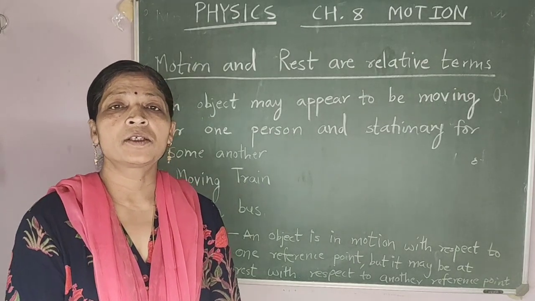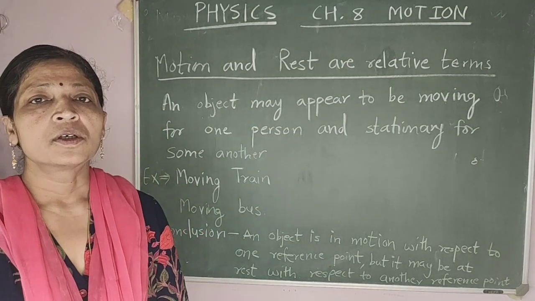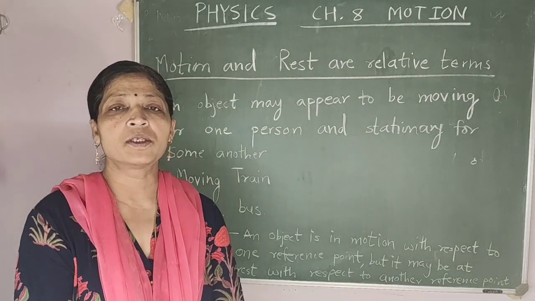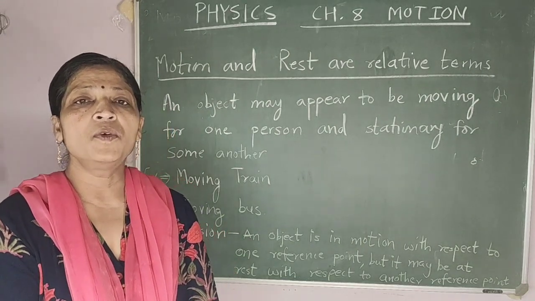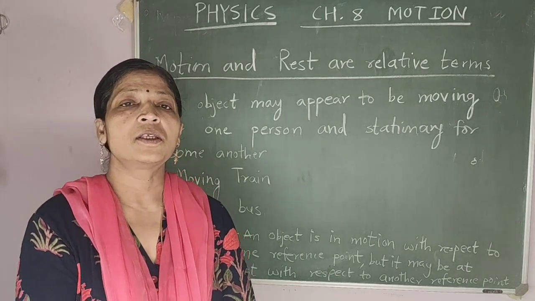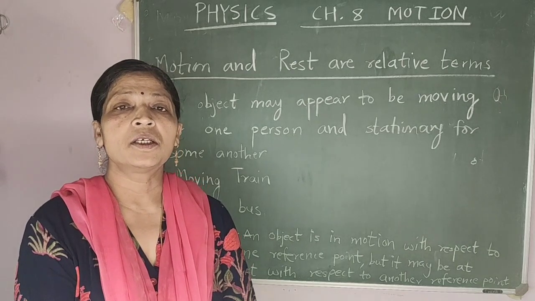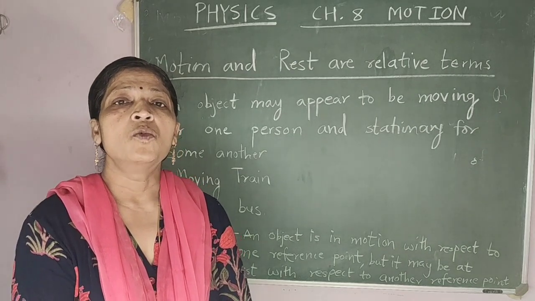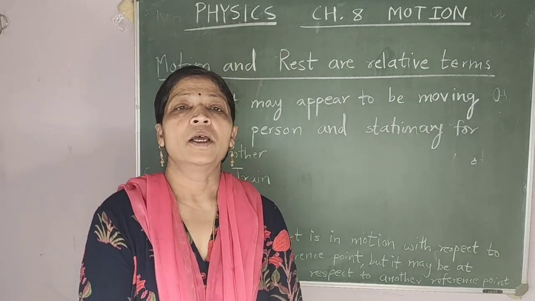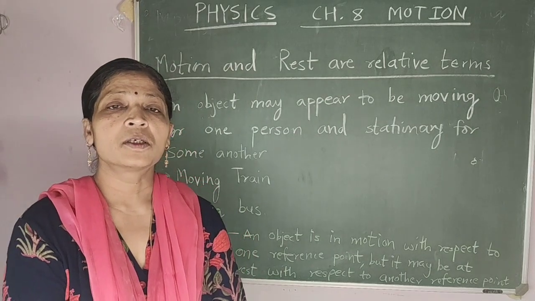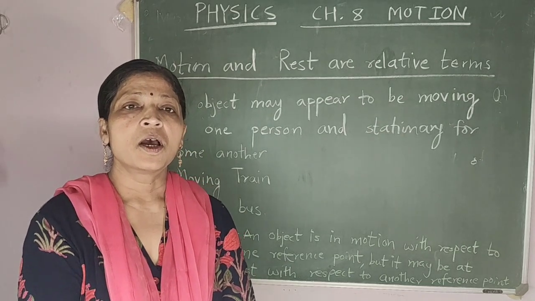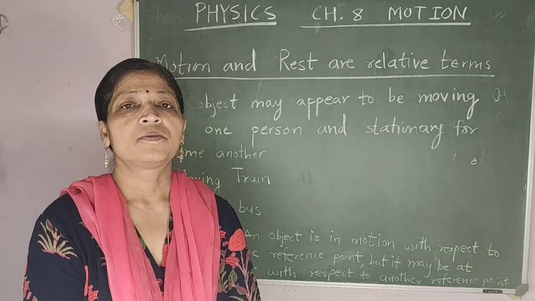So, motion and rest are relative terms. One more example, a moving bus. A bus is moving. A person who is standing on a road can say that the passenger sitting in the bus is moving. But the other passenger who is in the bus feels that all the passengers in the bus are at rest.